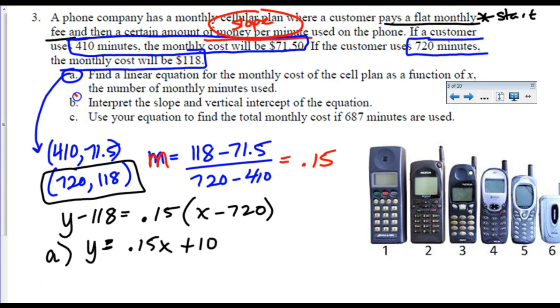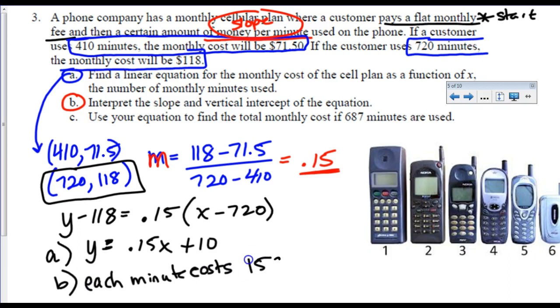For part B, it says interpret the slope and the vertical intercept, or the y-intercept. So the slope, remember, was money per minute. So this is 15 cents. Oh, I shouldn't label it that way. Let's go back. So each minute costs 15 cents, or you could write it with a dollar sign with 0.15.